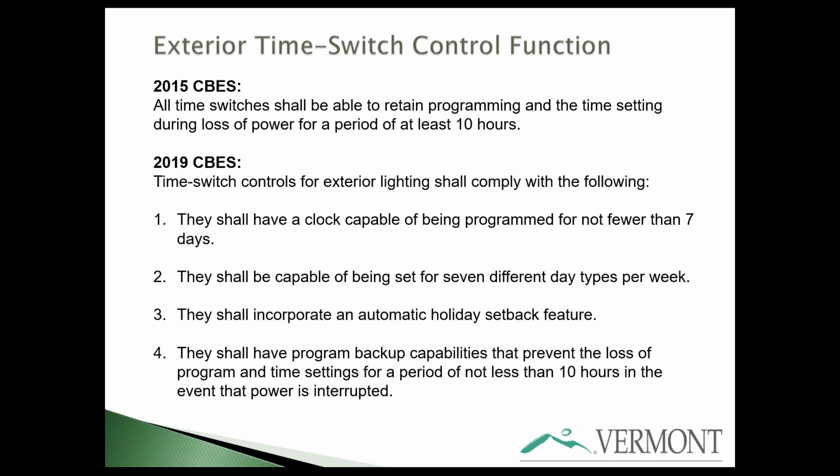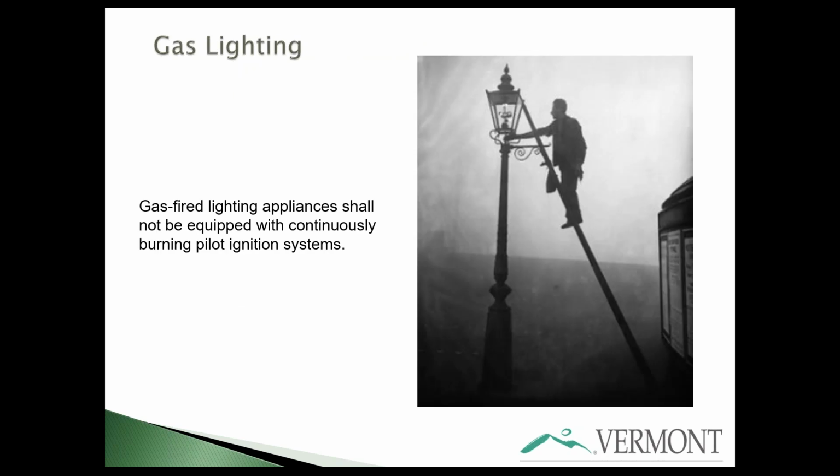That one, that they have a clock capable of being programmed for not fewer than 7 days. They should be capable of being set for 7 different day types per week. So it has to have the capability, whether you set it that way or not, to have each day of the week have a different time switch control setting, and they should incorporate an automatic holiday setback feature. So these are the new requirements on those.